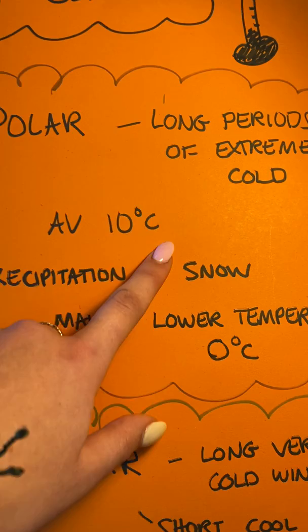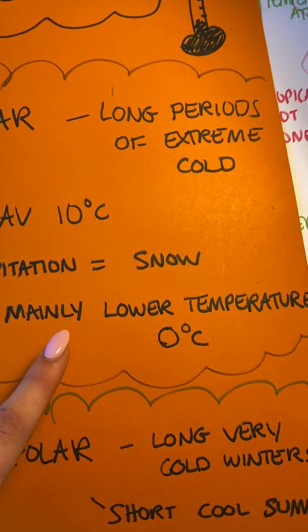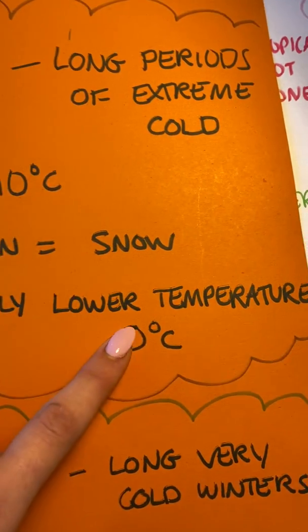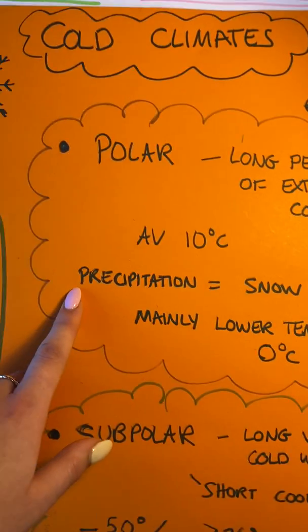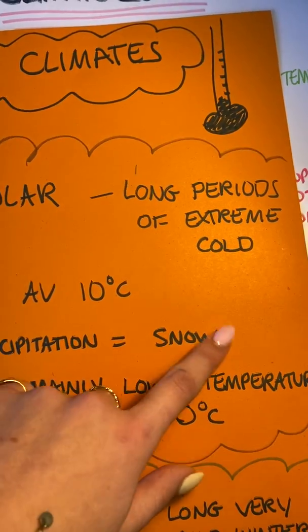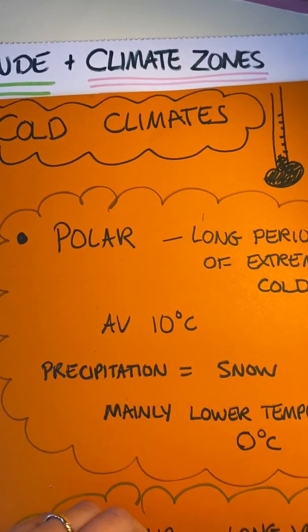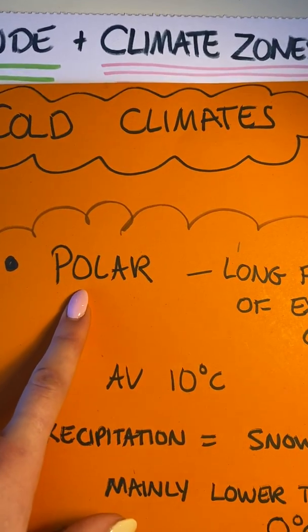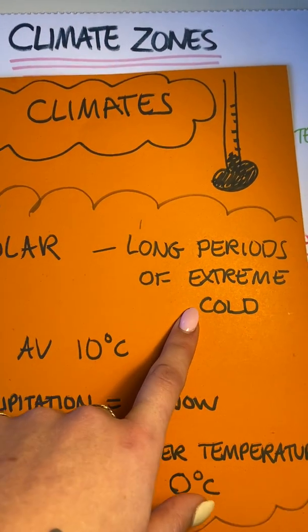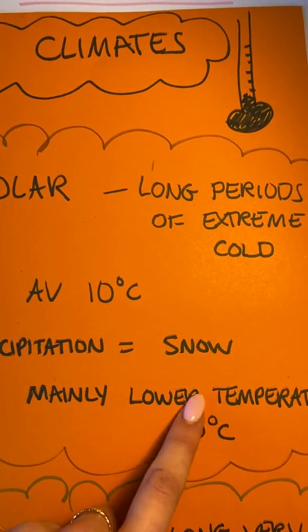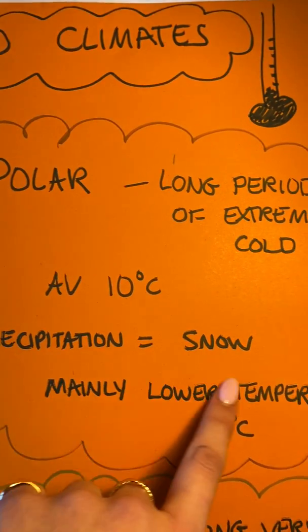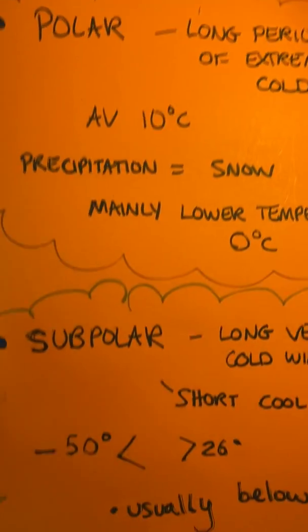There's an average temperature of 10 degrees Celsius, but usually temperatures are lower than freezing. Eek. And precipitation always falls as snow because it's so cold. So polar, long periods of extreme cold, usually temperatures below 0 degrees Celsius, and precipitation is always snow.